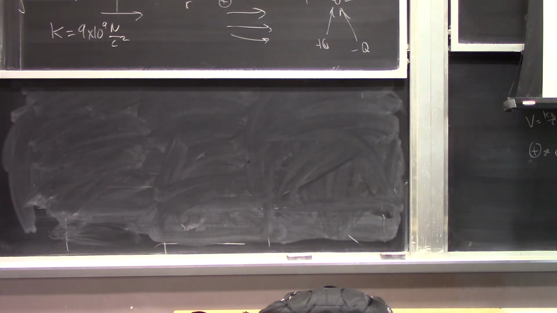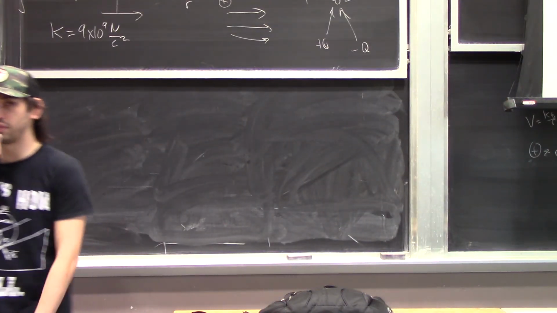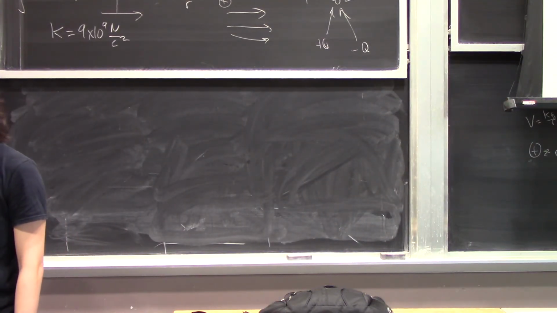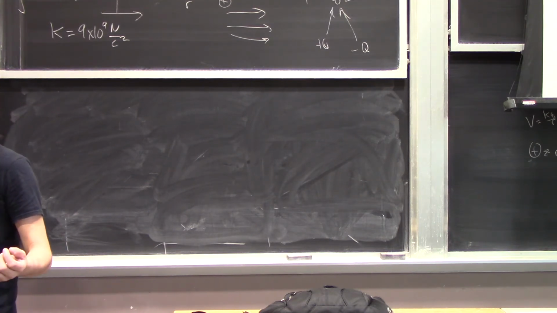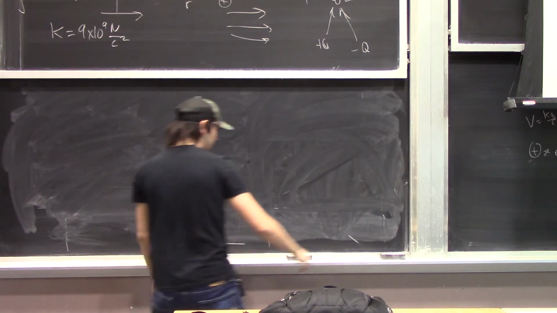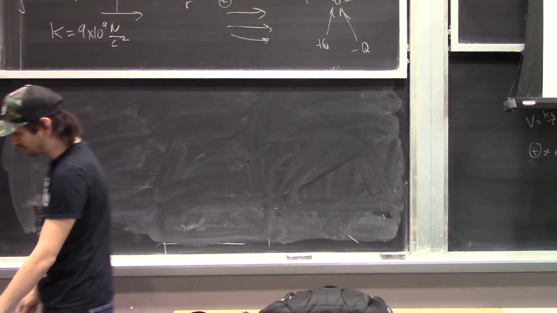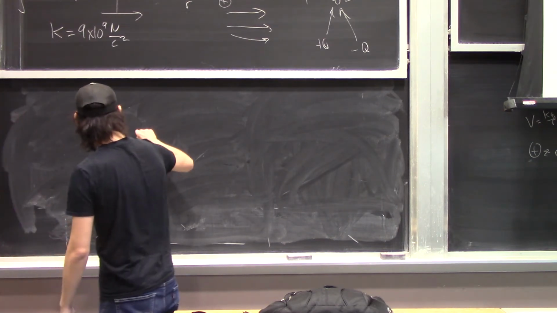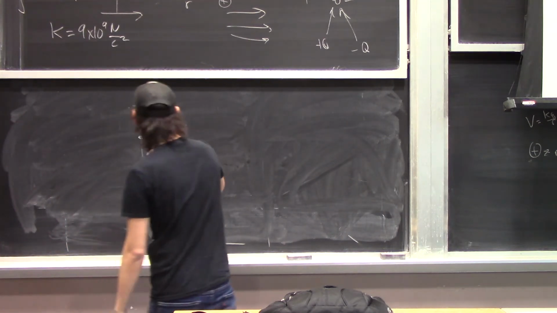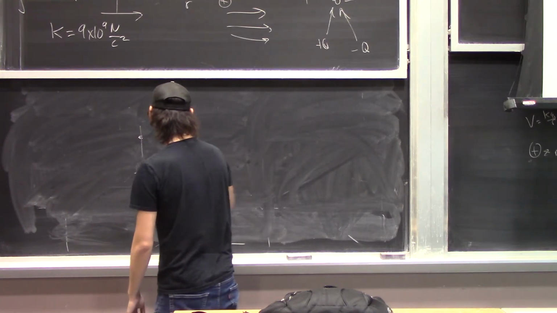Okay, so let's talk about this one. So what do we think? Is it positive, negative? Do we not have enough information? We do have enough information. It should be negative, right? So why do we know it's negative? Well, we don't really know left or right or up or down how it's going to move, but I'll choose to make this so that this is plus 5 here and plus 10 here.